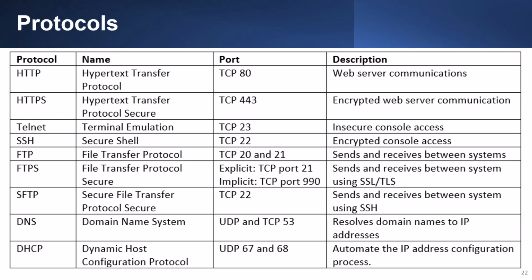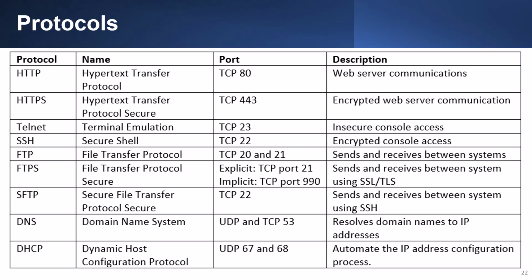This slide shows some of the common protocols used in networking, including HTTP that runs over TCP port 80, HTTPS that runs over TCP port 443, and DNS over UDP and TCP port 53. To connect to a remote console to type commands, you would use Telnet or SSH.